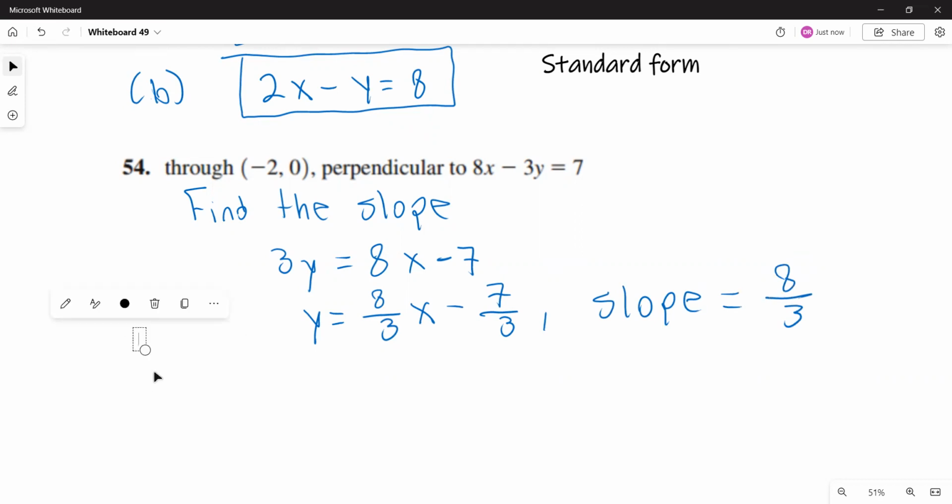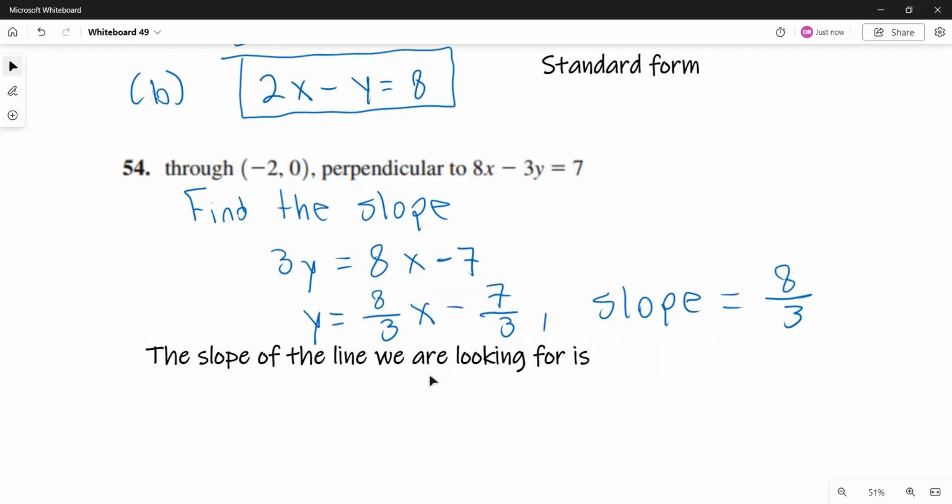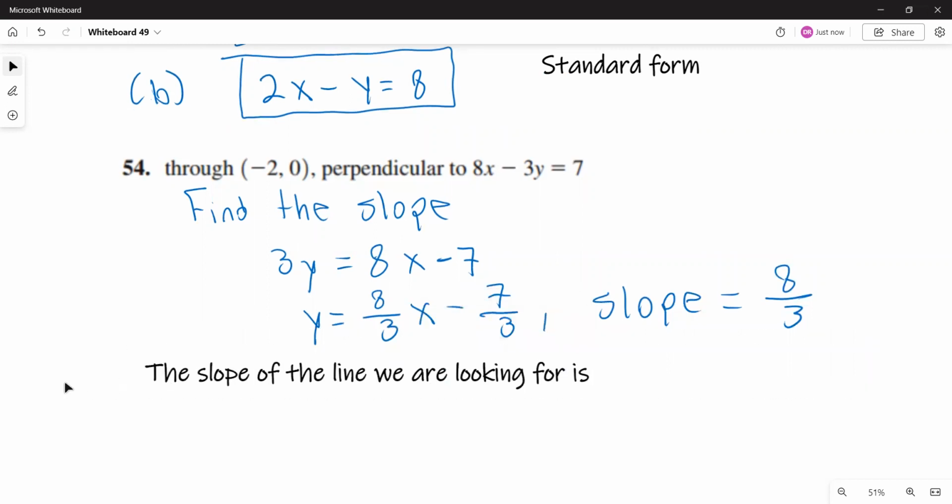Perpendicular lines have slopes that are negative reciprocals of each other, and the slope of the line we want to find is negative 3 over 8.